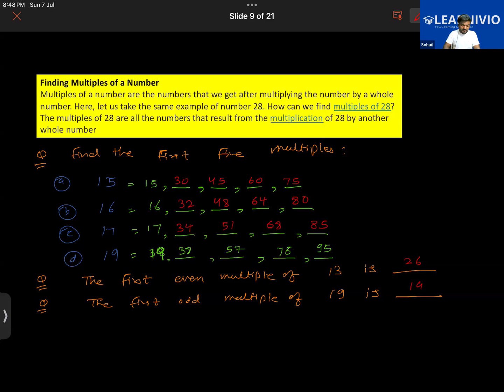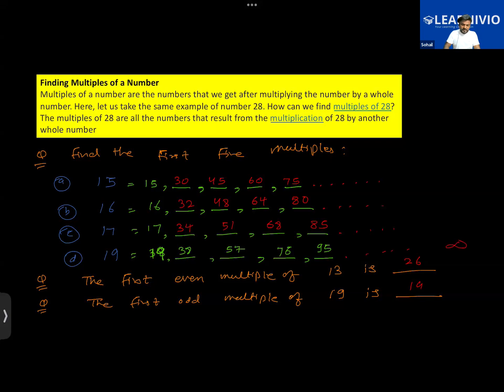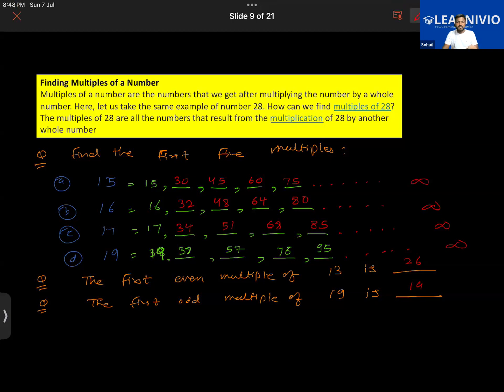We could have continued further, up to infinity. So the multiples of any given number would be infinite. Another thing is that all the multiples of a given number, for example 15, are either greater than it or equal to it. Only one of them is equal to it, that is 15 itself.